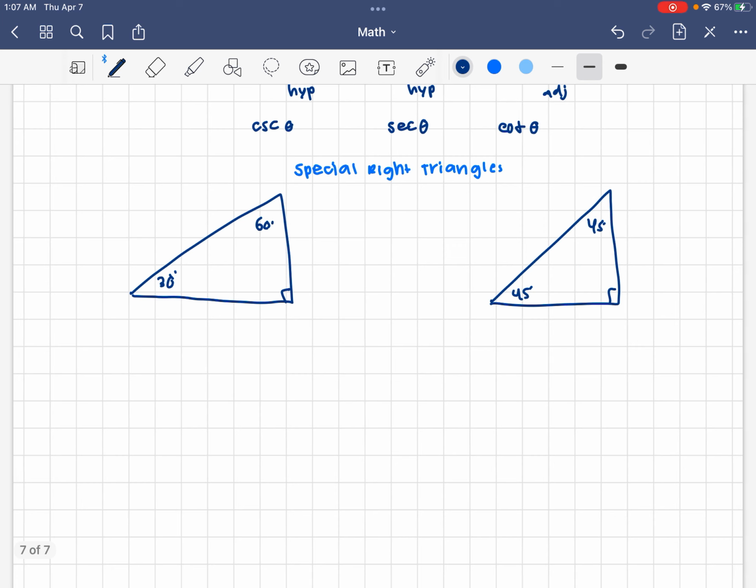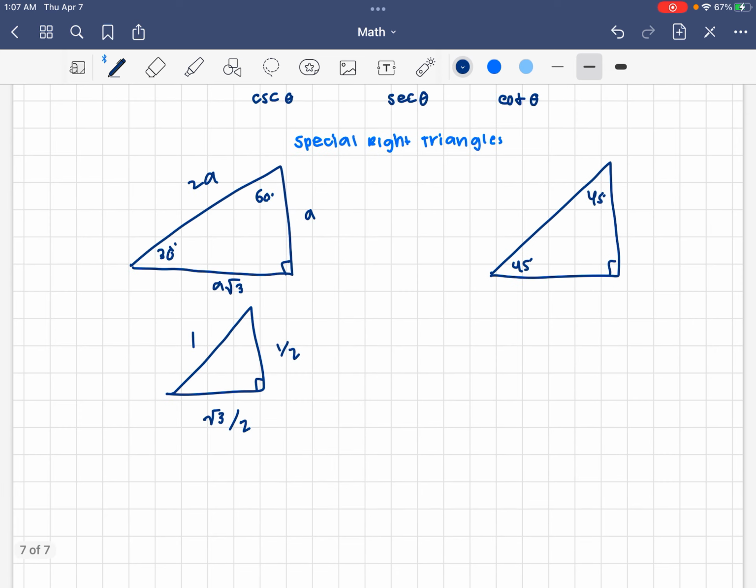How I remember it is, if we're using numerical values, for this one it would be 1/2, 1, and square root of 3 over 2. But I remember it as a, 2a, and then a square root of 3, or a rad 3. And for the 45, 45, 90, a, a, and then a square root of 2.